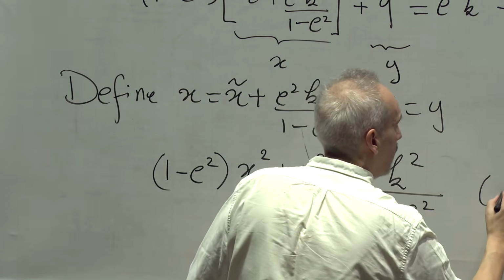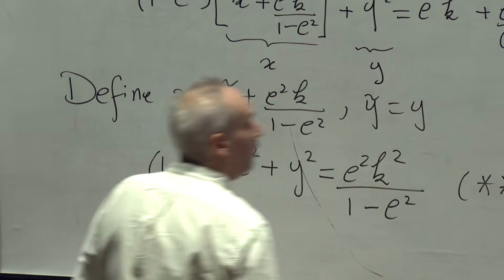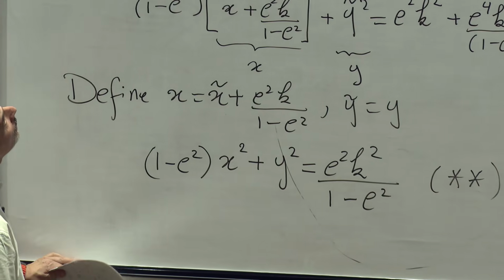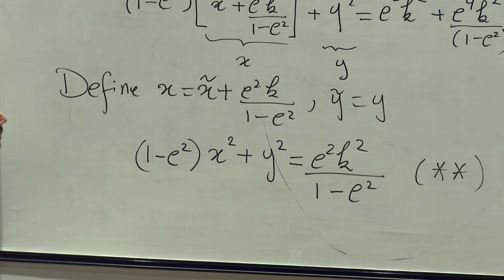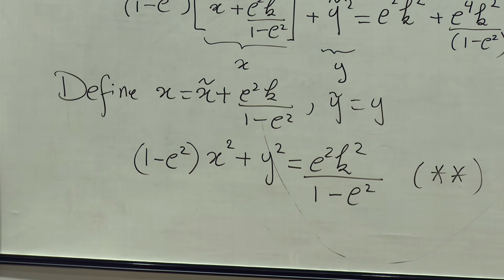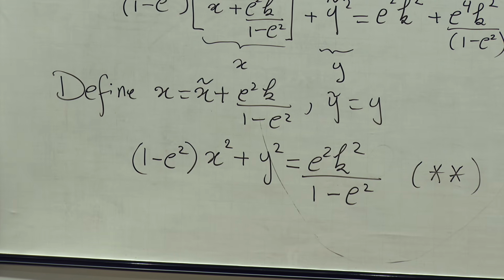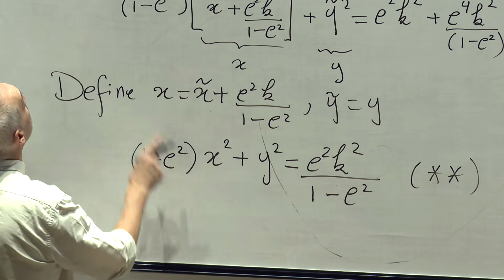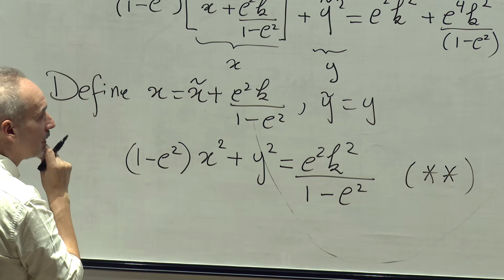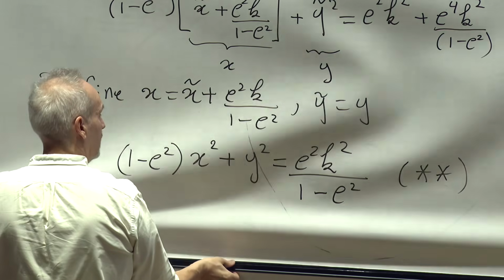Okay, I'm going to come back to this one, so let's call it double star. Now, e is between 0 and 1 in our case, so I'll be able to divide.